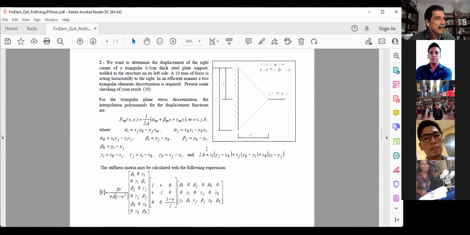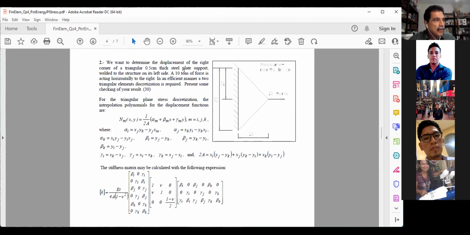In an efficient manner, use two triangular elements for the discretization, and present some checking of the result. So to do this analysis, that's what we're asking you: we want to calculate how much this point moves.